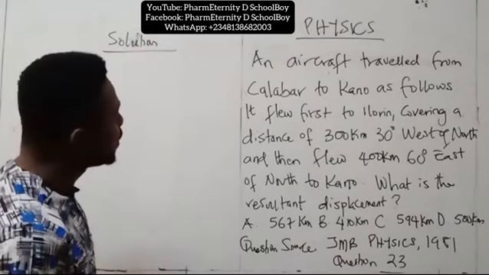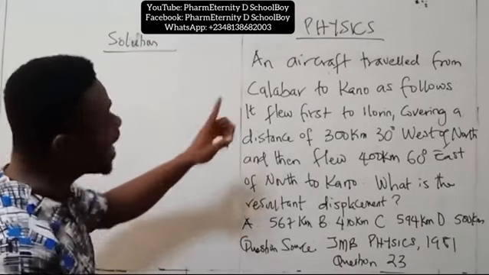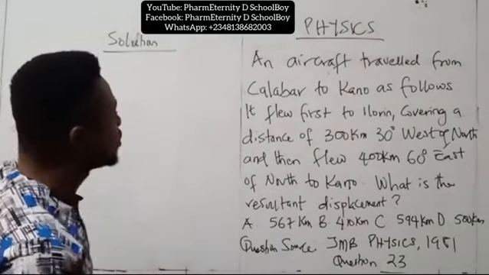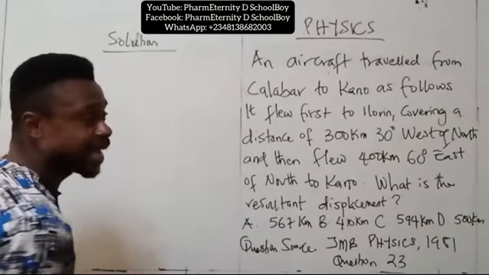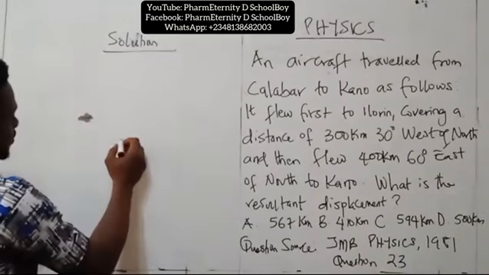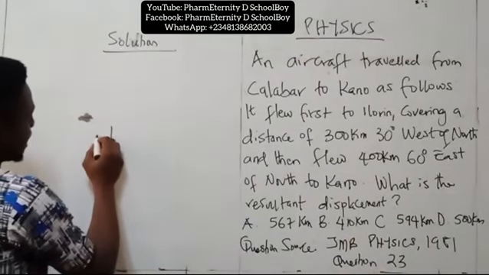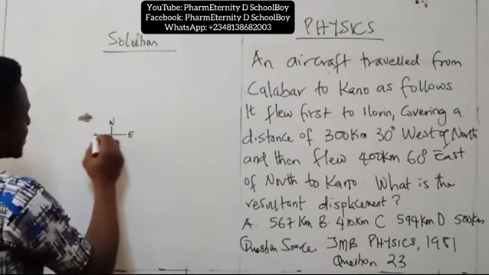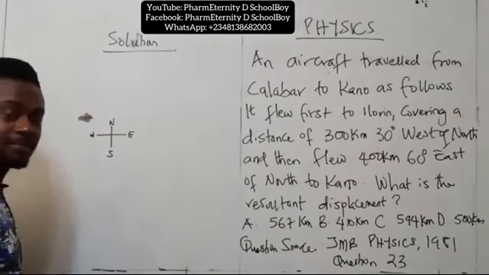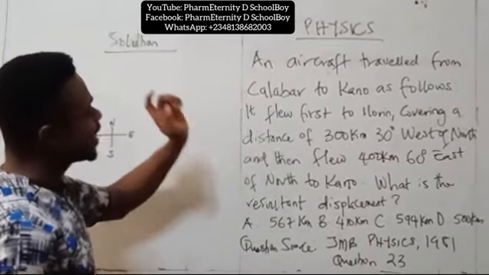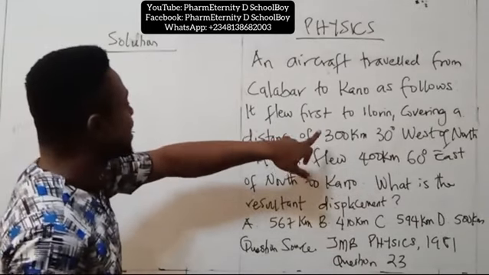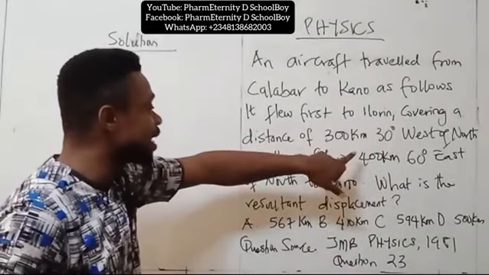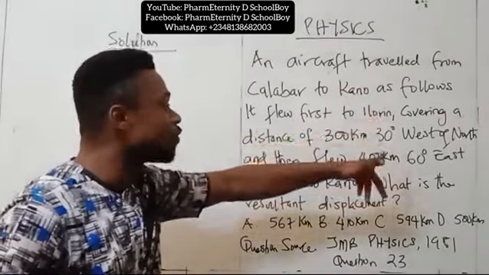All right, if you look at the question, the aircraft started from Calabar. So I'll place the first cardinal point at Calabar. This is the first cardinal point. This is north, this is south, this is east, and this is west. The question says that the aircraft flew to Ilorin, covering a distance of 300 kilometers, 30 degrees west of north.